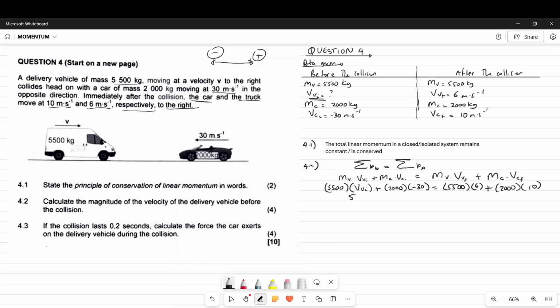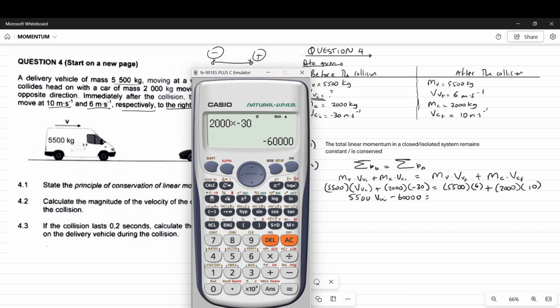So now you'll have 5,500 v initial minus 60,000, which will be equal to, now let's work with the other part, after the collision, which is 5,500 times 6, close bracket, plus 2,000, close bracket, times 10, which will be equal to 53,000.